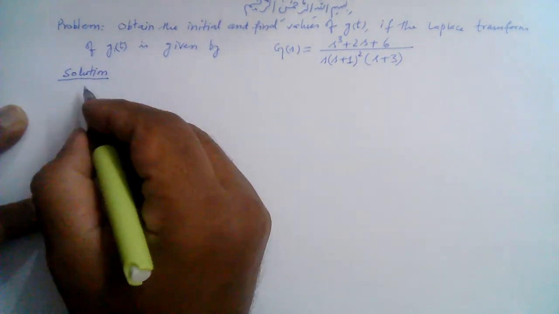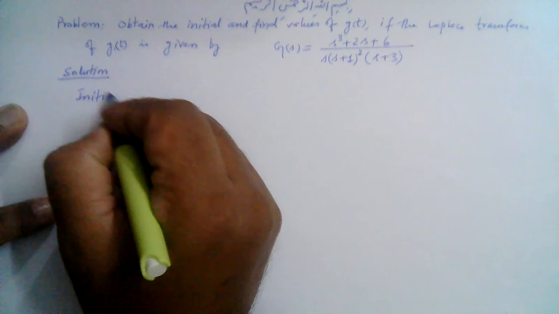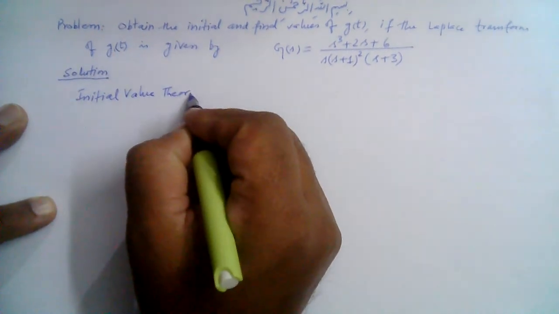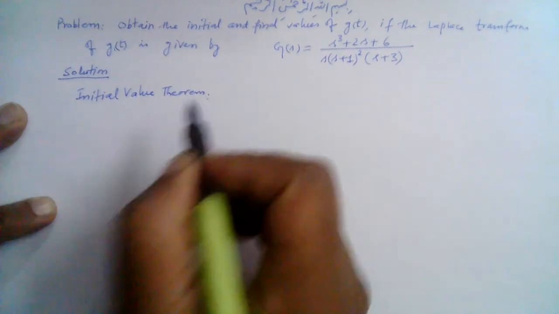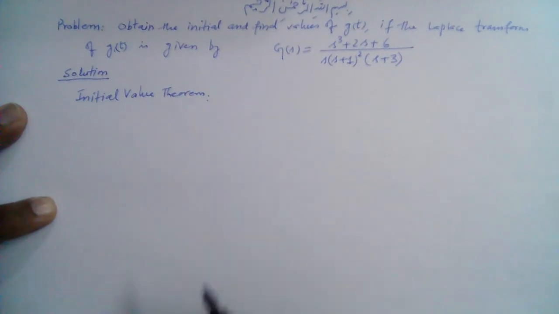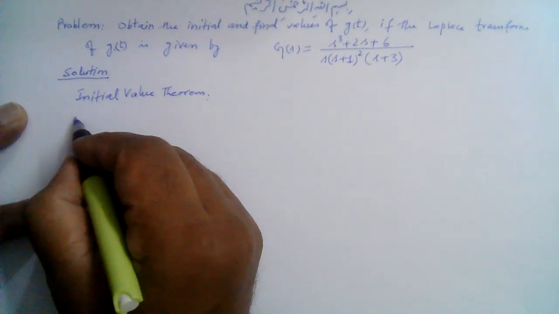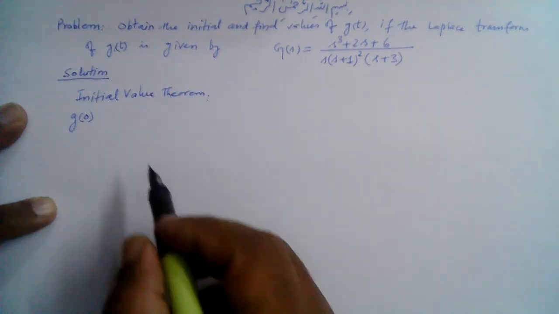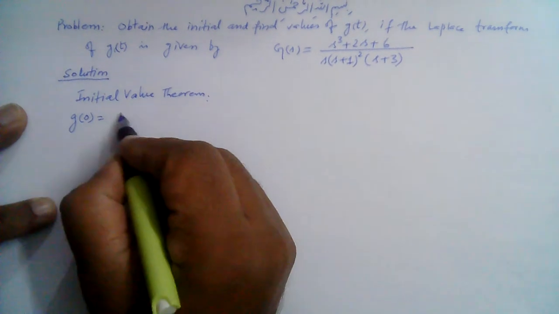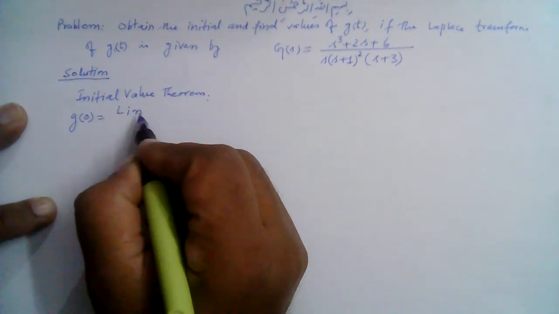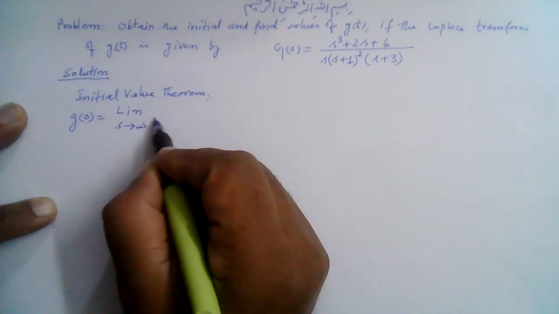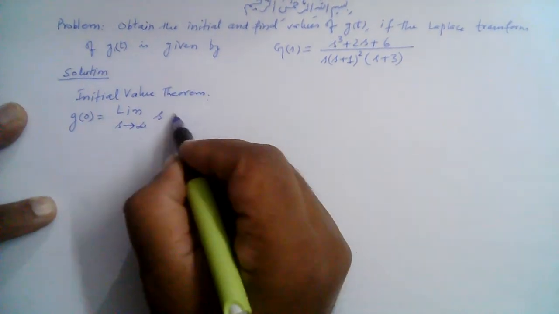According to the initial value theorem, we can find the initial value of the function g of t. For example, at t is equal to 0 in the time domain, what will be the value of this function? This is given by this limit: limit s tends to infinity of s multiplied by g of s.